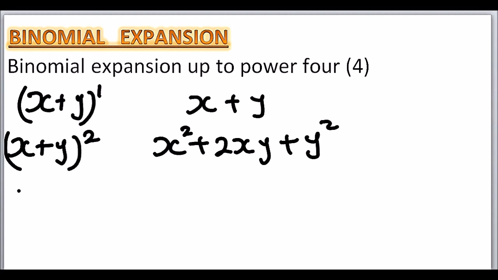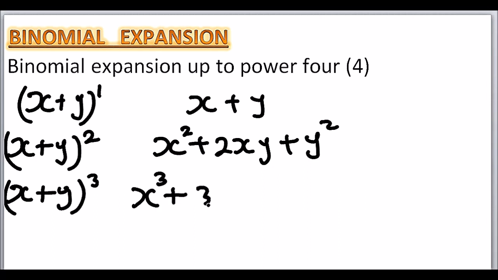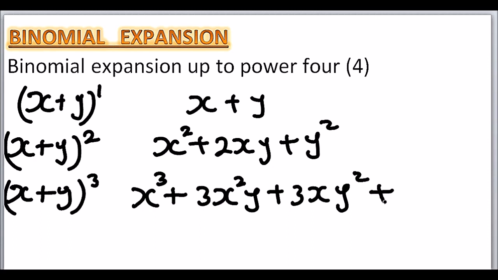We came to the third one, x plus y in bracket cubed. We got x cubed plus 3x squared y plus 3x y squared plus y cubed.